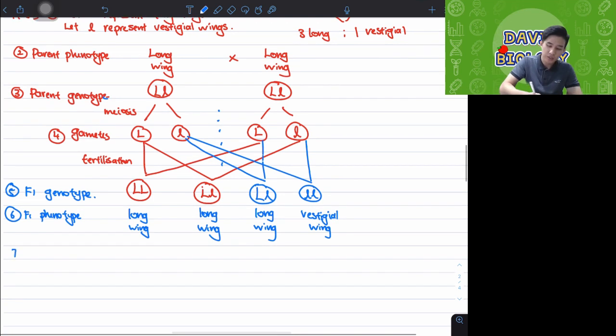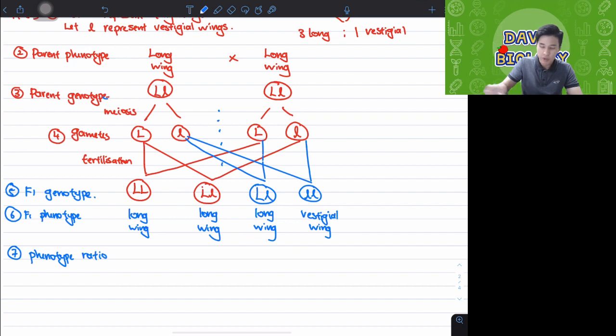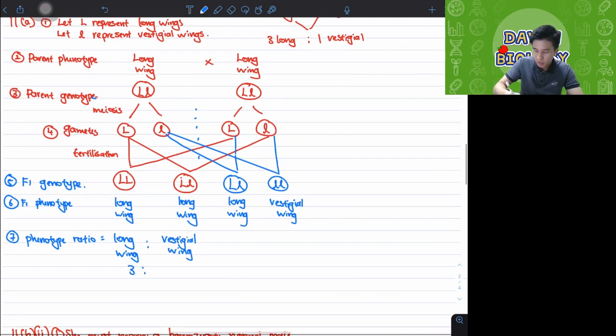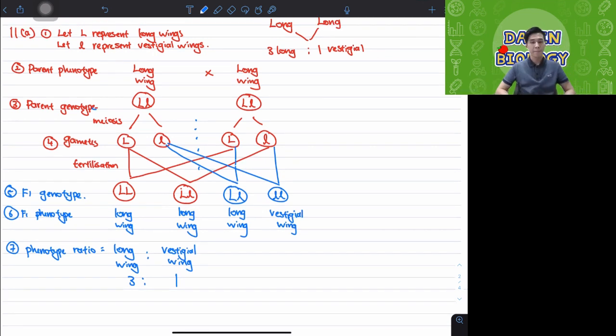The last point is the ratio. Phenotype ratio. So your ratio, we will write like that. Long wing to vestigial wing. It is 3 to 1. Done.